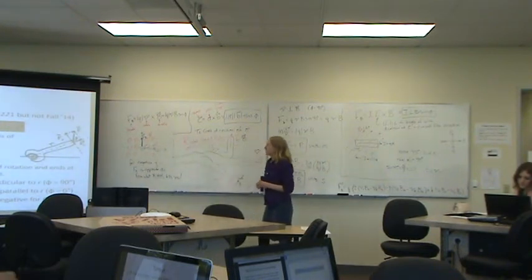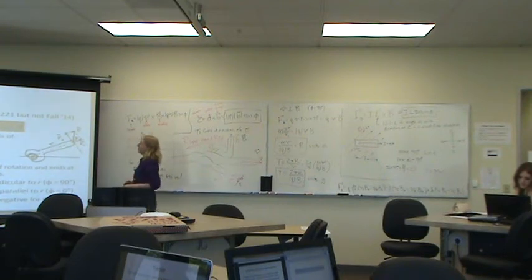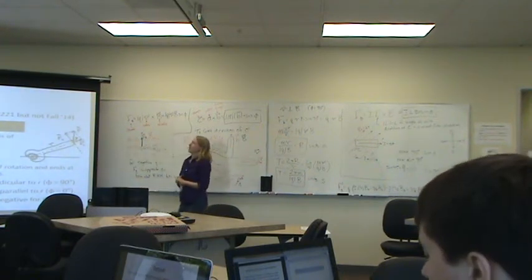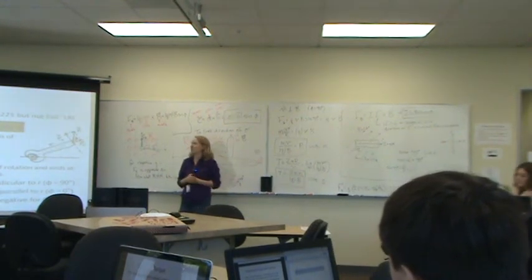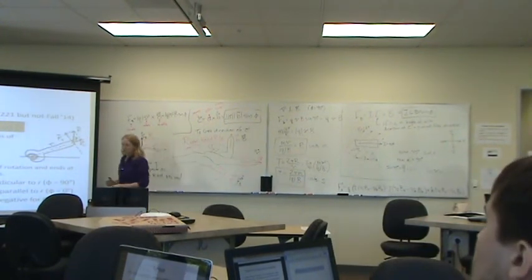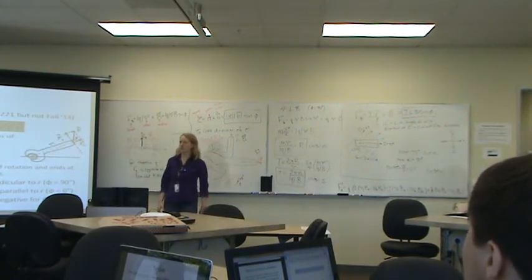So, this is background information. This is true for any force on an object that can rotate. A rotating force, basically, that's what torque is. So we really understand torque intuitively, whether you realize it or not.